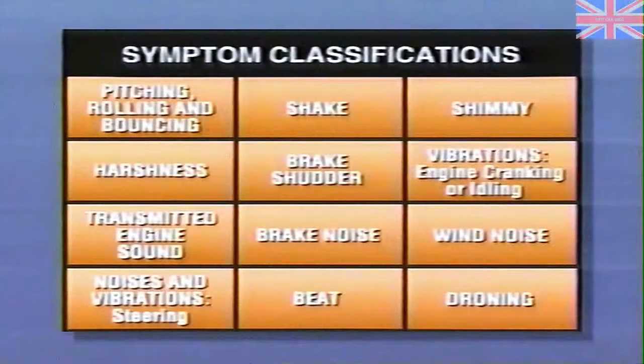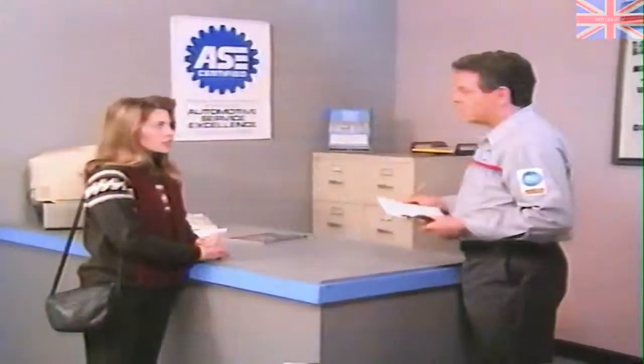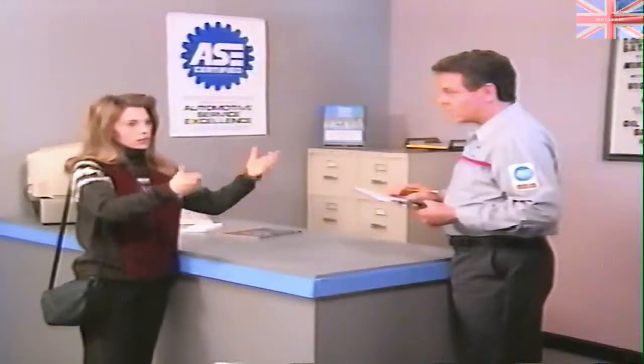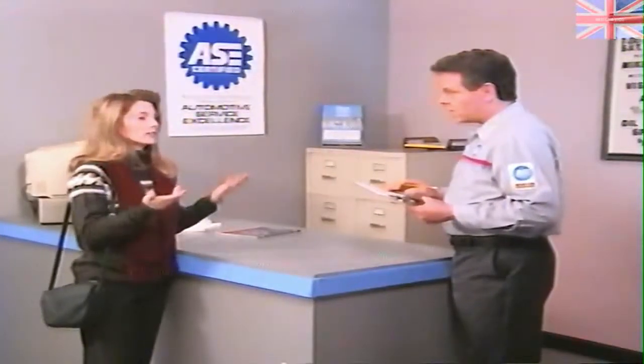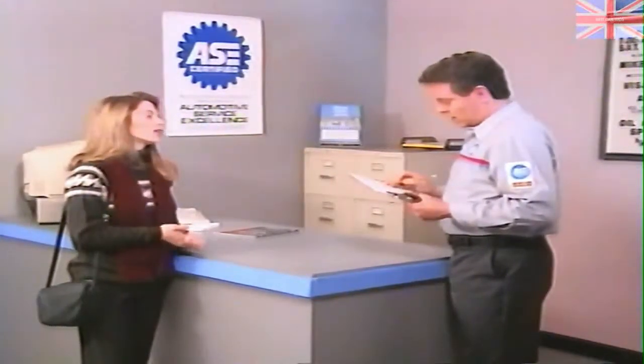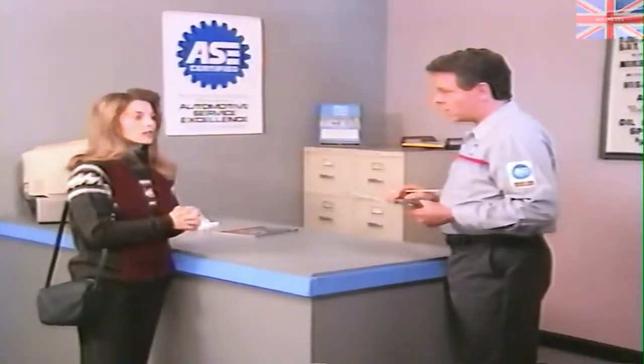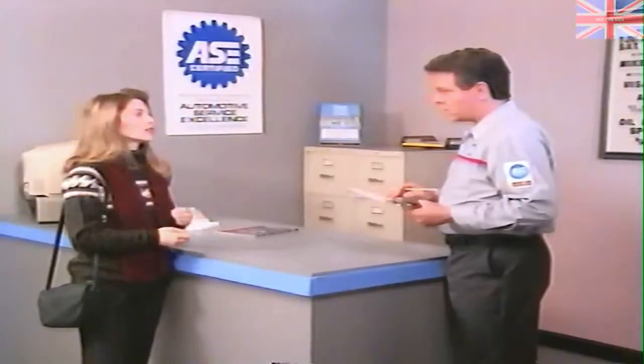You will also find a complete breakdown of generating conditions and probable causes for other symptoms like harshness, brake shudder, shimmy, etc. When analyzing symptoms, remember, your first step is to determine if the customer's claim is actually an abnormal condition. This is especially important with beat problems. Some beat problems are the result of vehicle design and cannot be corrected.